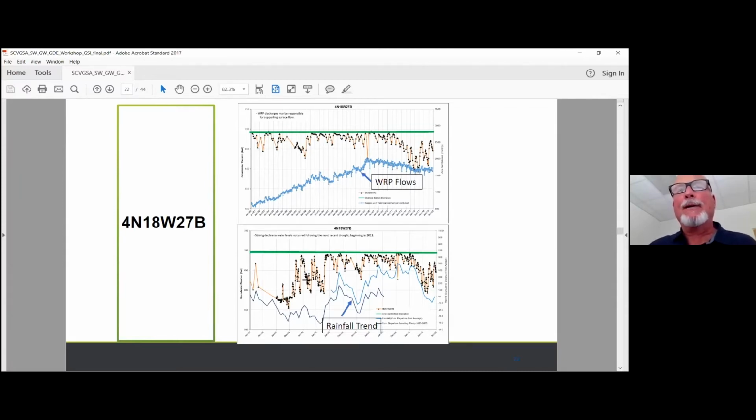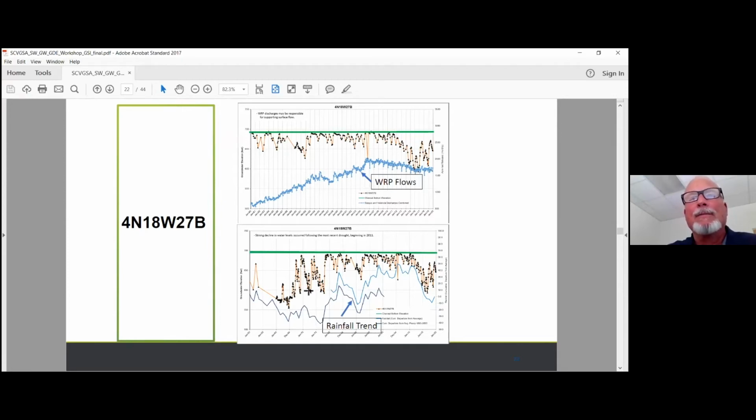You look down here, this is the same water level data, but we're taking it out to 1950. 1950 is out here on the left and 2020 over here. So it's the same data, except we've got more data to look at. You can see these pretty significant declines in water levels that we think were occurring as a result of predominantly agricultural irrigation that was going on back in the 50s and 60s.